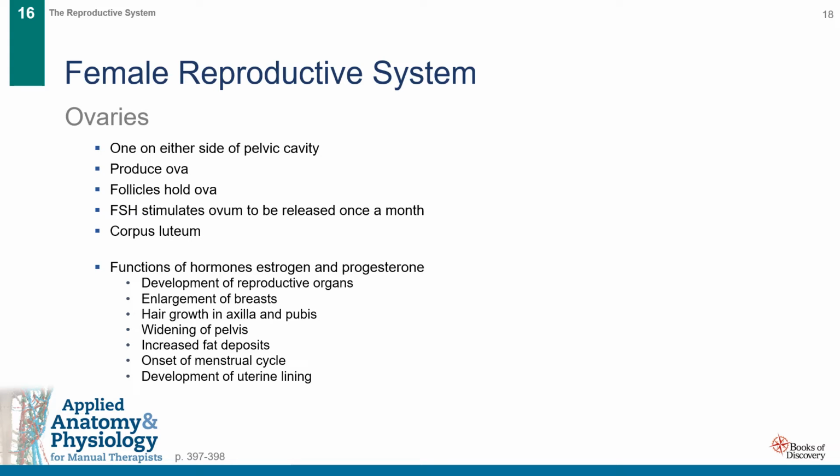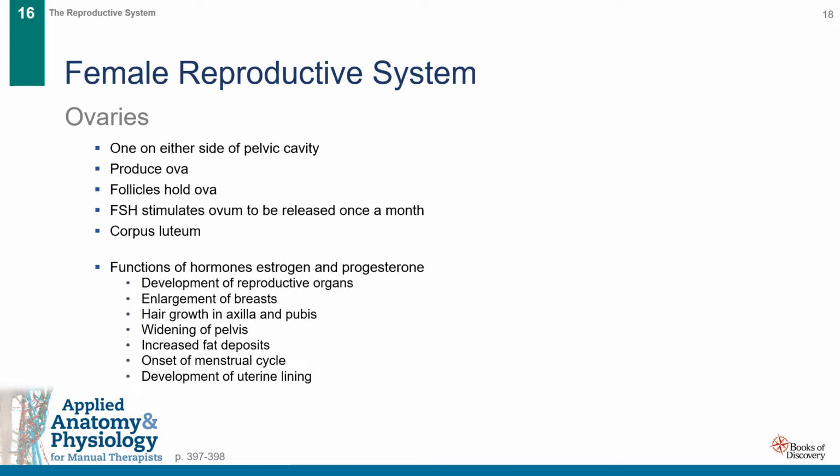There are thousands of eggs in the ovaries, each held within a protective ring of specialized cells called a follicle. Approximately every month, FSH from the pituitary stimulates several follicles to ripen or mature together, each with an ovum inside. Generally, only one of these follicles migrates to the edge of the ovary and ruptures to release its egg, a process known as ovulation.